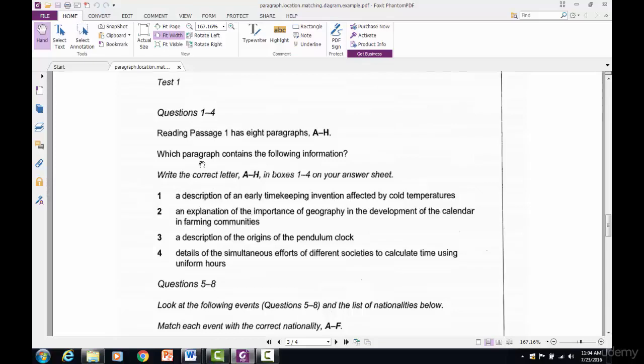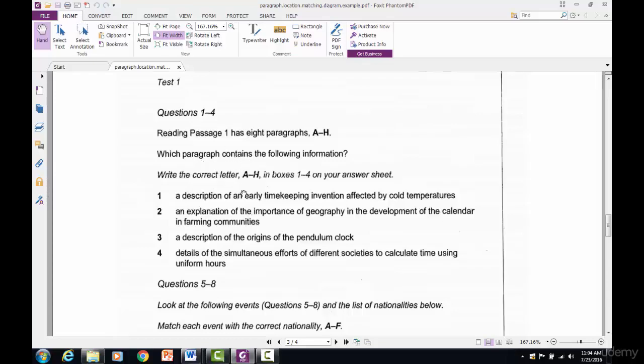But when I'm doing this, like I've told you, you don't do the paragraph location question first, okay? Because it doesn't go in order, and if you try to do it first, you're going to end up reading the whole reading passage and wasting all your time. So we wouldn't do the paragraph location question first.